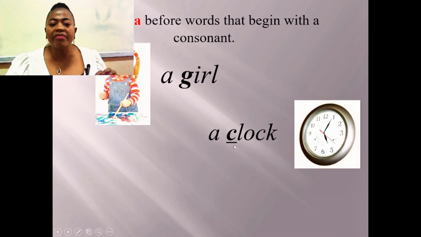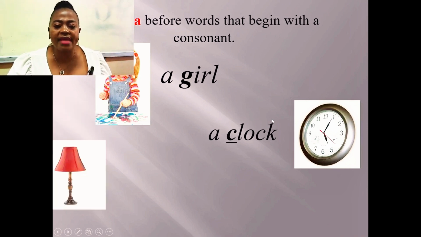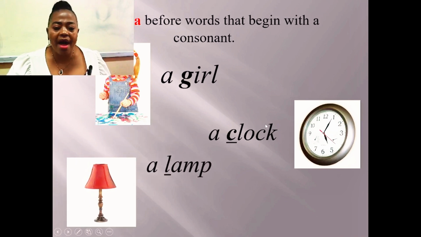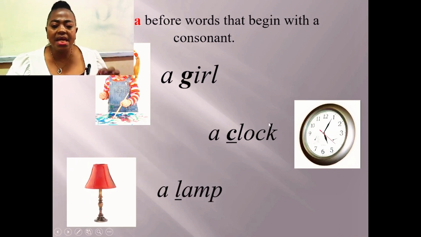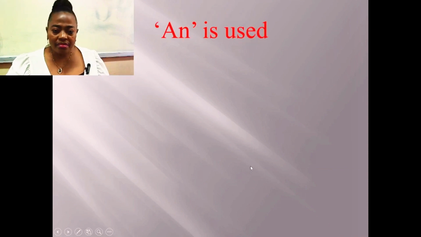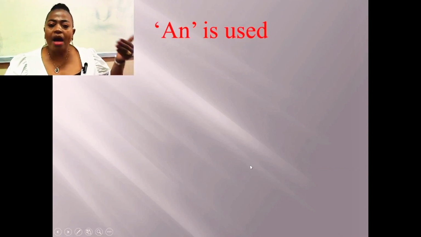You have the K sound. A clock. K is a consonant sound. And we also have a lamp. L. A lamp. Lamp is a consonant sound. So because lamp begins with a consonant sound, you must use the article A, and not AN. That is about using A.